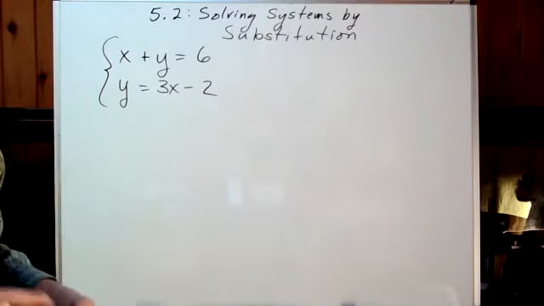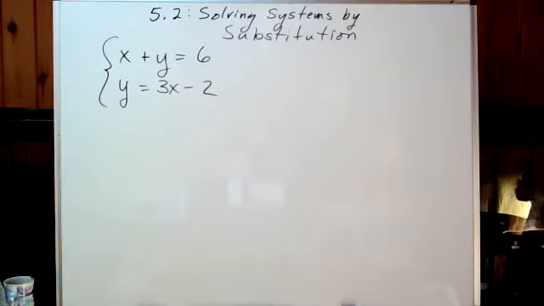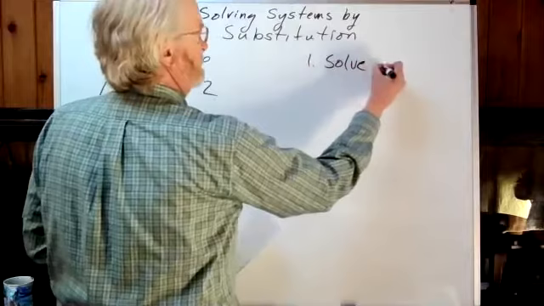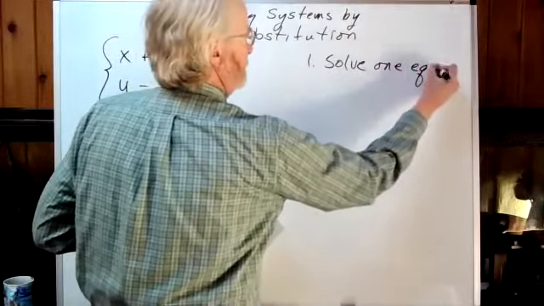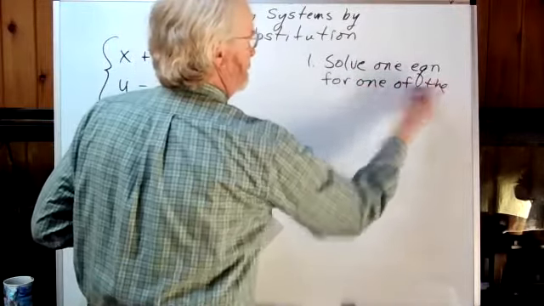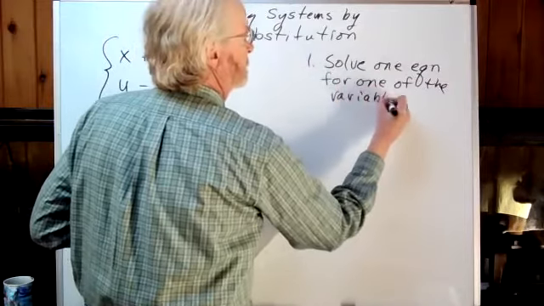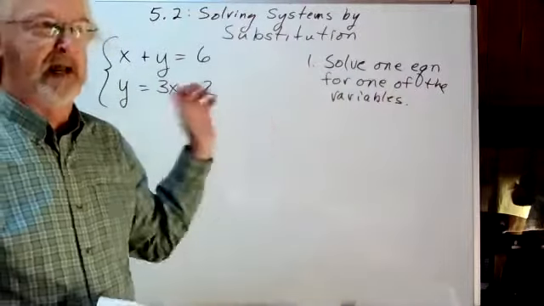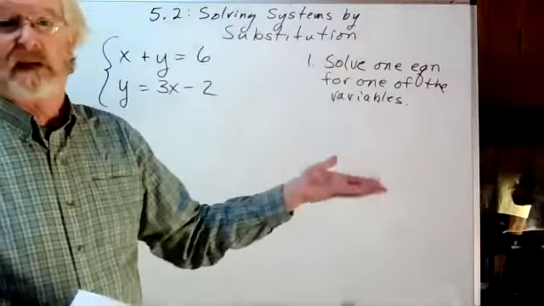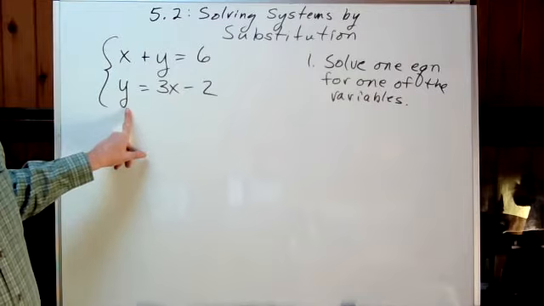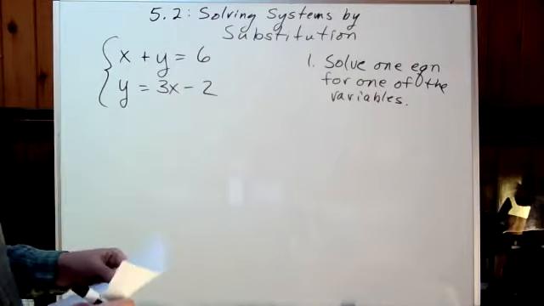I'm going to make more or less an outline list of the steps. Hopefully we'll practice enough that it makes sense anyway. We're going to solve one of the 2 equations for one of the variables. Kind of like in my first example, I said L equals all that stuff, so it already was solved for L. Looking at these 2, this one's already solved for Y. So the first step is going to be done for us in this problem.